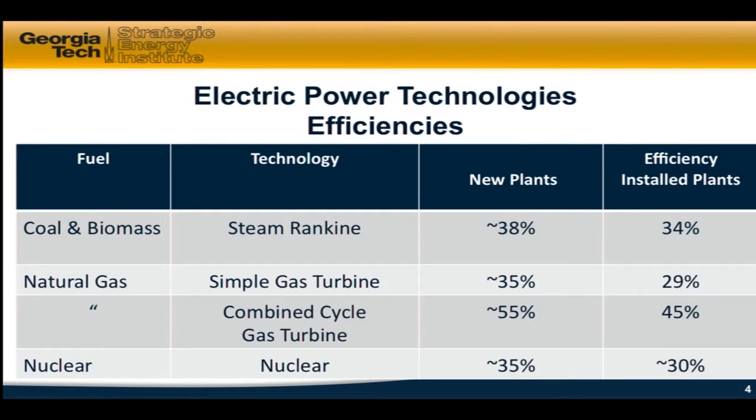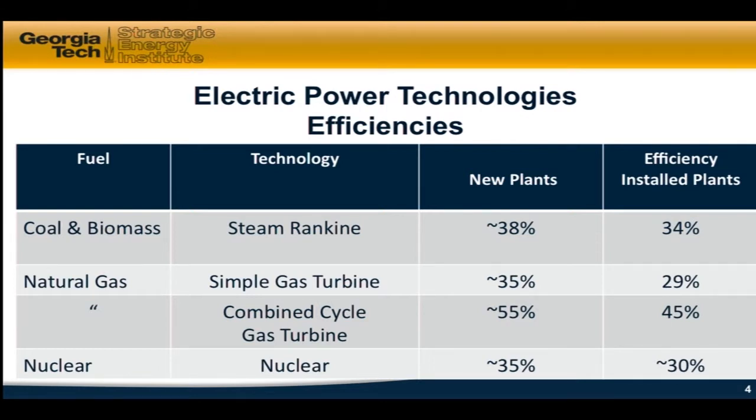If you look at the installed base of all the steam coal-fired plants out there, it's around 34%. So that throws away about 2 out of every 3 BTUs that the coal gives off when you burn it. So it's a big source of heat that's thrown away in general to the rivers or to the atmosphere.